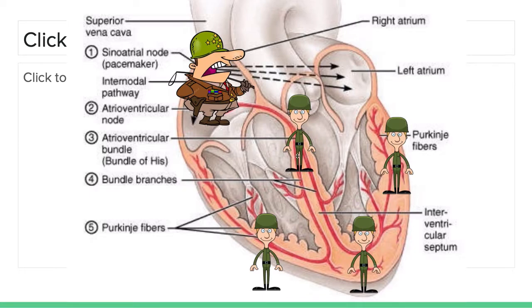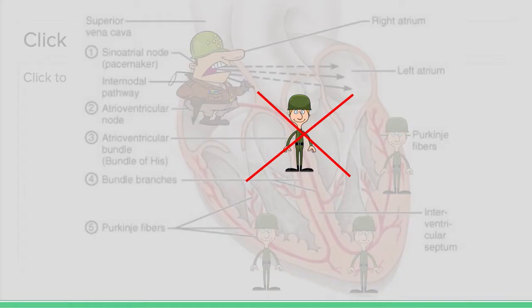The AV node is the only point that the signal from up here can get down to the ventricles. So now what we're going to see is what happens when the AV node starts malfunctioning, where it's harder for this to talk to the ventricles.